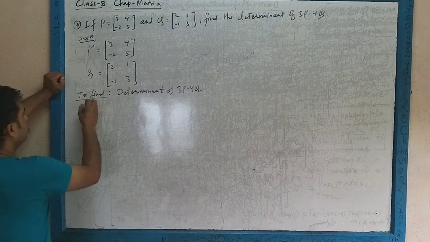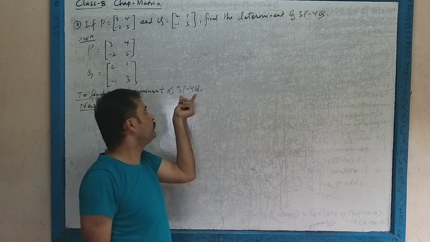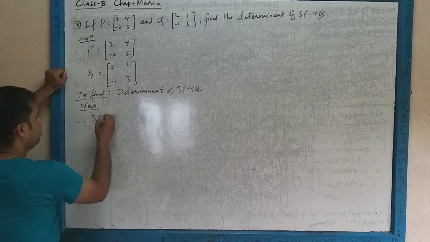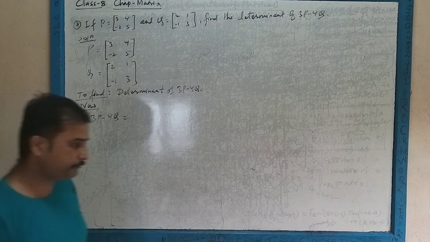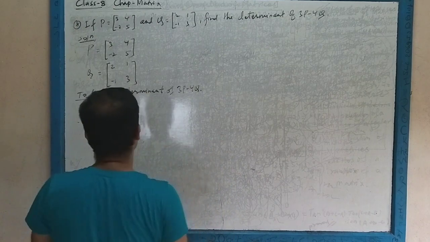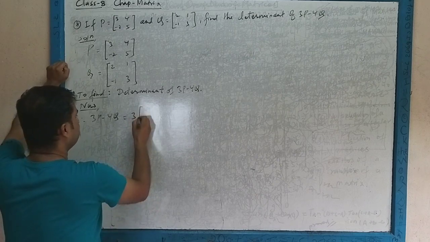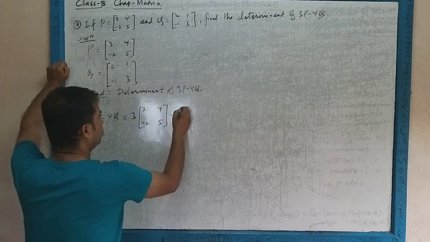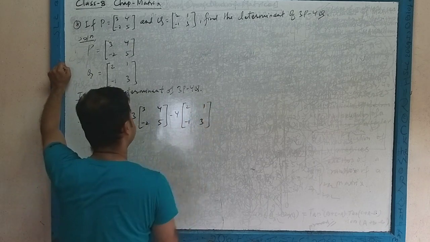Before finding the determinant of 3P minus 4Q, we need to find what the 3P minus 4Q matrix is. So let's find. Therefore, the 3P minus 4Q matrix will be equal to 3 times P, which is [3, 4; -2, 5], minus 4 times Q, which is [2, 1; -1, 3].